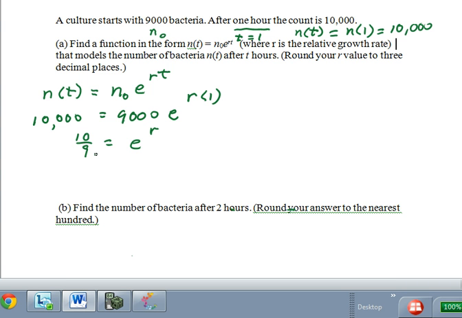So when we take the natural log of both sides, we get the natural log of 10/9 equals r. And I'm sorry, I wrote 10/10. So we'll find the natural log of 10/9.